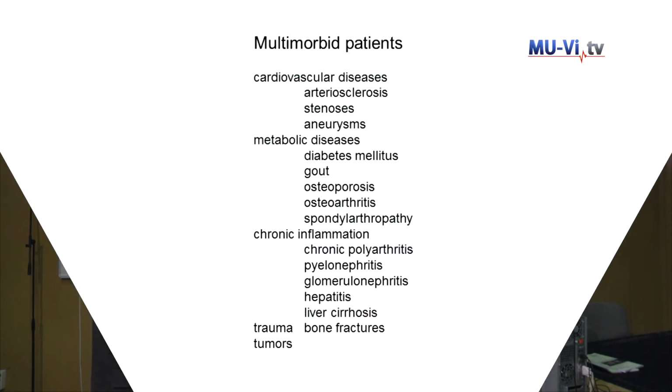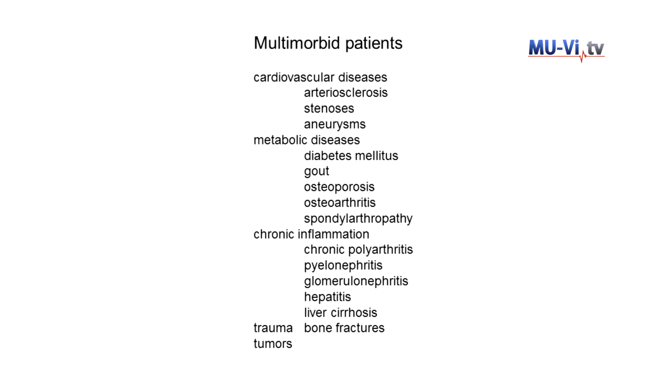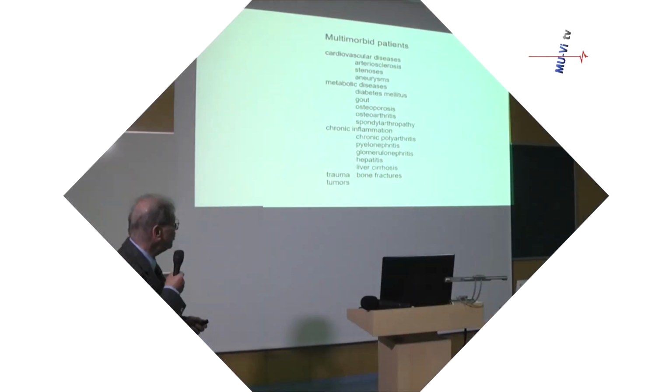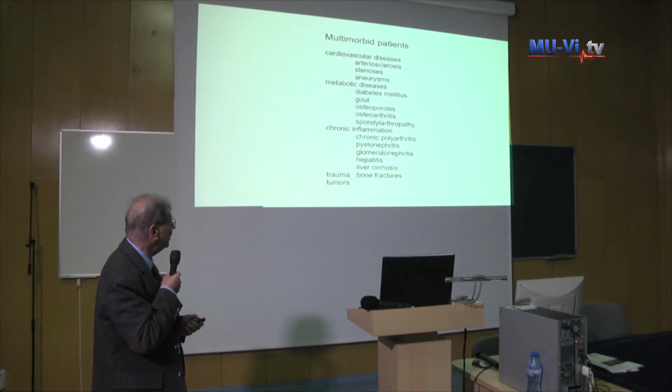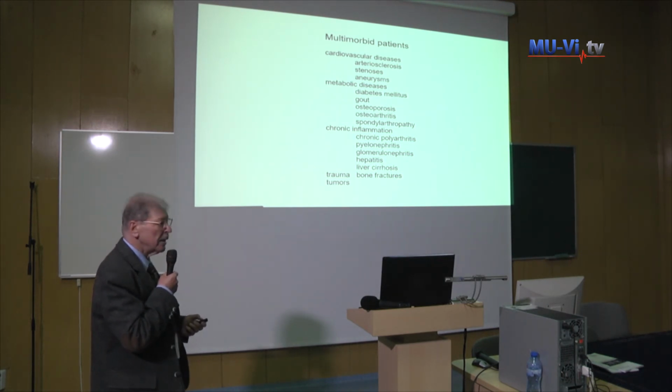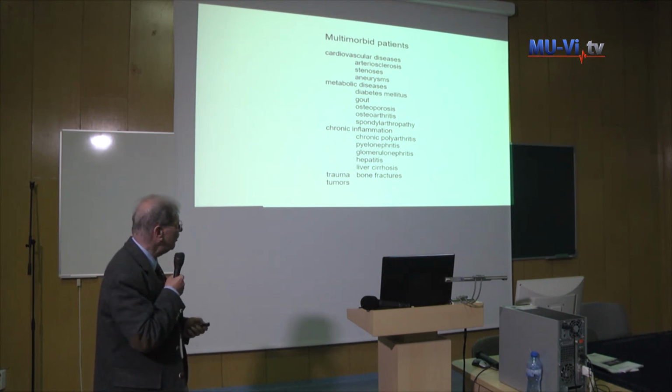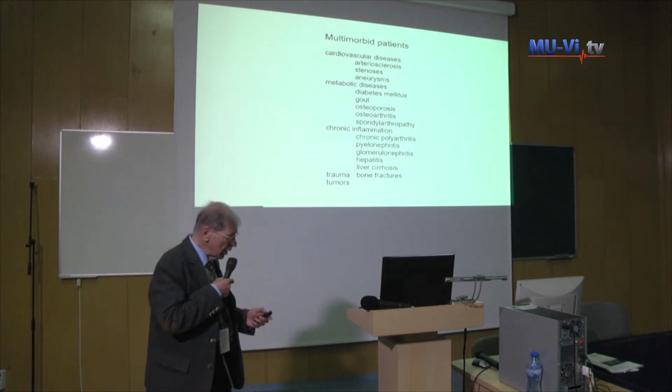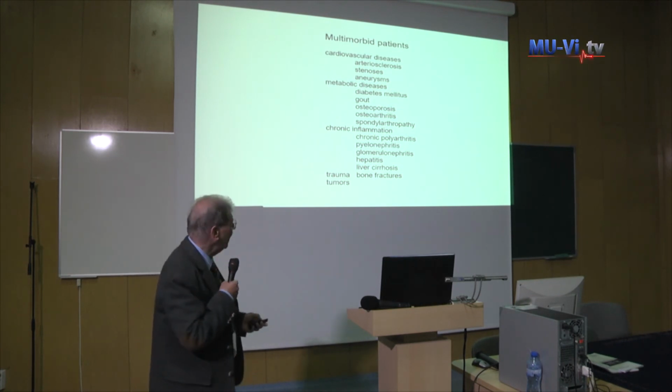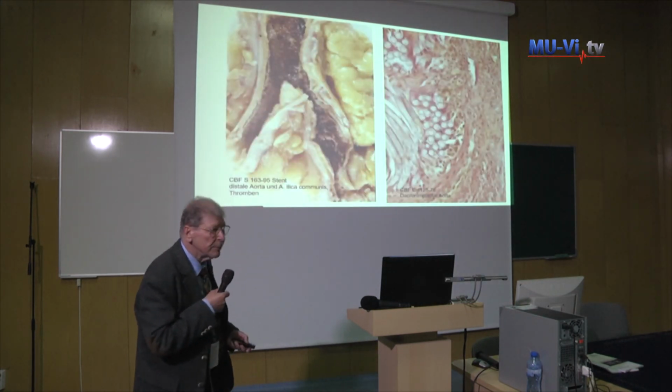They have cardiovascular diseases, for example, arteriosclerosis, stenosis, aneurysms, metabolic diseases, diabetes mellitus, gout, osteoporosis, osteoarthritis, spondyloarthropathy, chronic inflammation with chronic polyarthritis, pyelonephritis, glomerulonephritis, and so forth, trauma, bone fractures, tumors. So we are not dealing with simple systems.